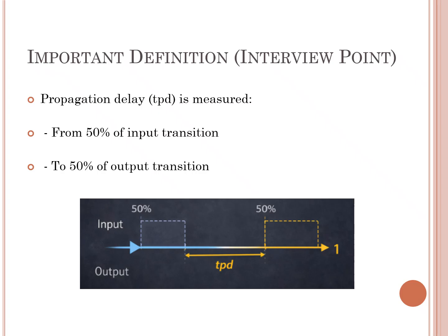The time difference between these two 50% points is the propagation delay or TPD. Not from start to start, not from end to end, always from midpoint to midpoint. If you say this clearly in an interview, you immediately show strong fundamentals in timing analysis. So remember, propagation delay is always measured from 50% of the input to 50% of the output.